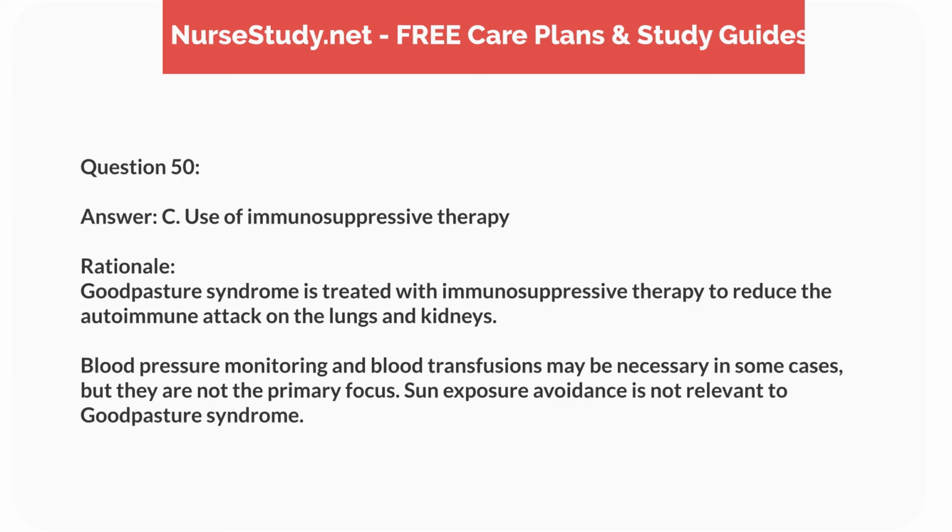Answer: C. Use of immunosuppressive therapy. Rationale: Goodpasture syndrome is treated with immunosuppressive therapy to reduce the autoimmune attack on the lungs and kidneys. Blood pressure monitoring and blood transfusions may be necessary in some cases, but they are not the primary focus. Sun exposure avoidance is not relevant to Goodpasture syndrome.